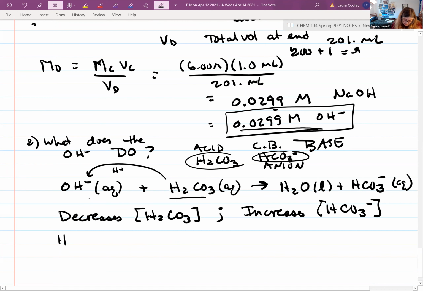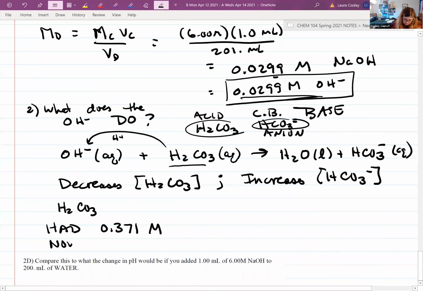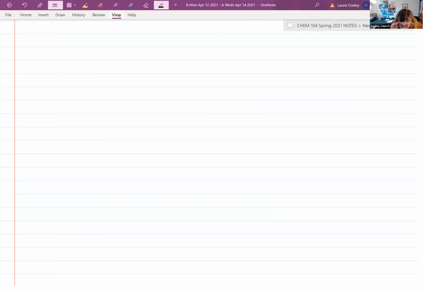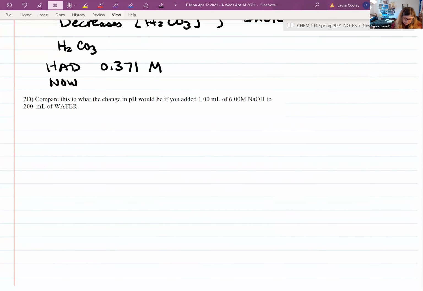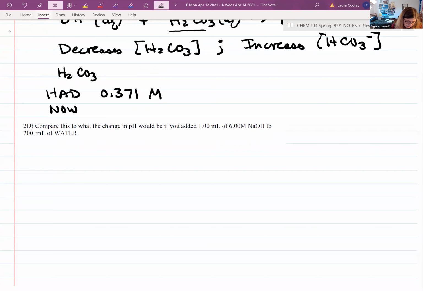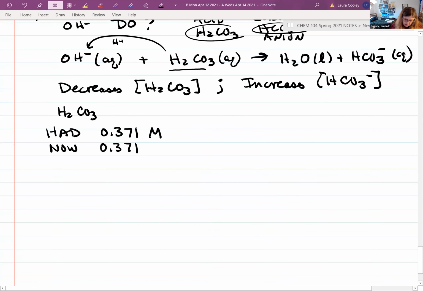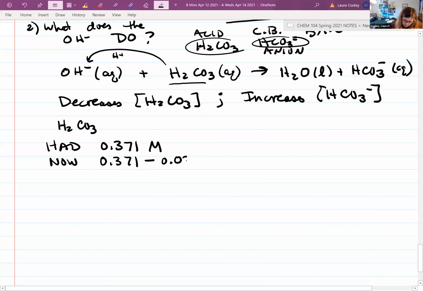So for the H2CO3, we had 0.371 molar. Now, I see I don't have anywhere near enough space here. That's okay. So now we have 0.371 minus 0.0299 equals 0.341.